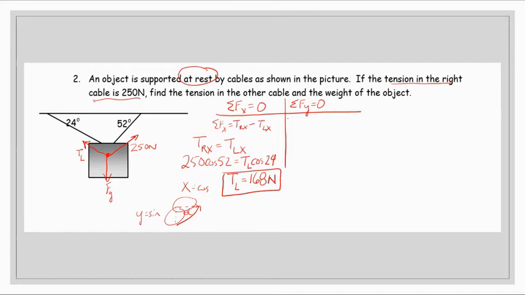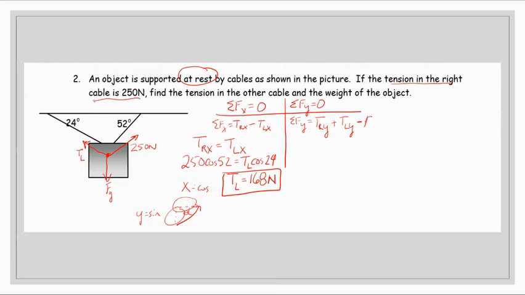Now, when we're looking at our sum of forces in our Y, our sum of forces in our Y are equal to our tension right Y plus tension left Y minus our force of gravity, or our weight.